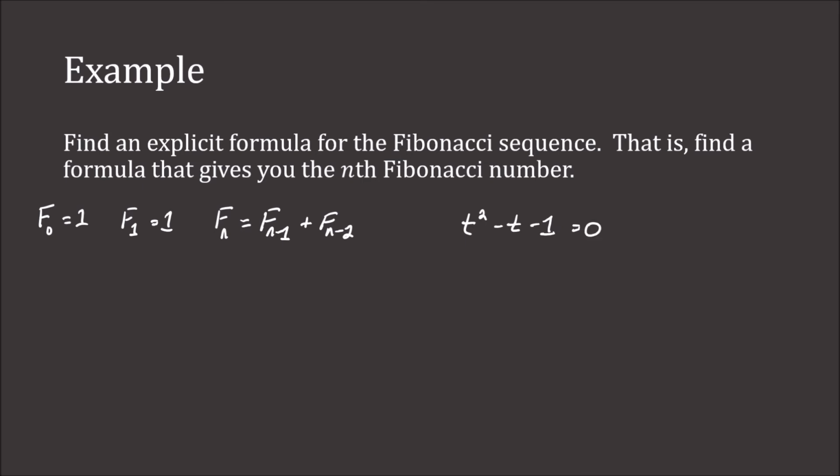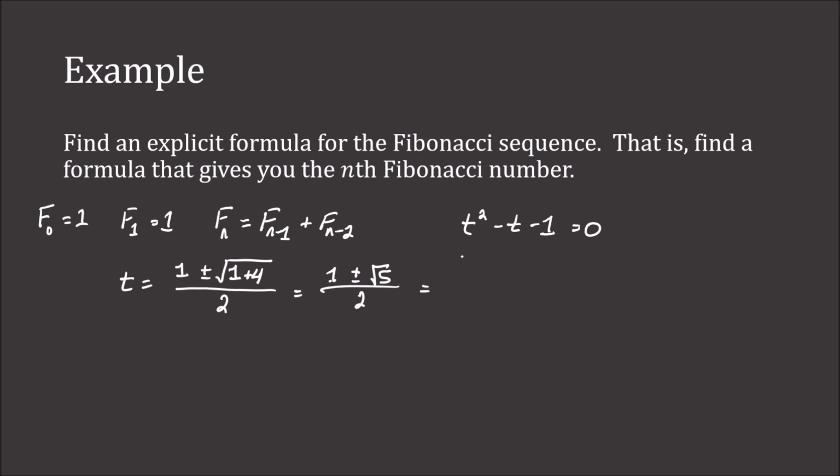We need to solve this, and we do so using the quadratic formula. So t would be equal to 1 plus or minus the square root of 1 plus 4, all over 2. And this equals 1 plus or minus square root of 5, all over 2.